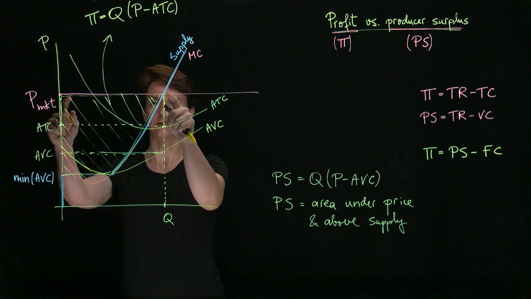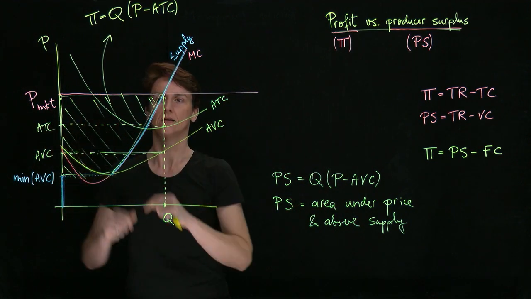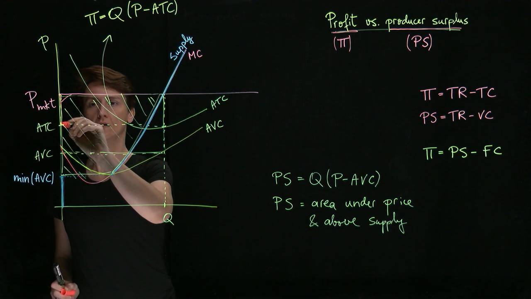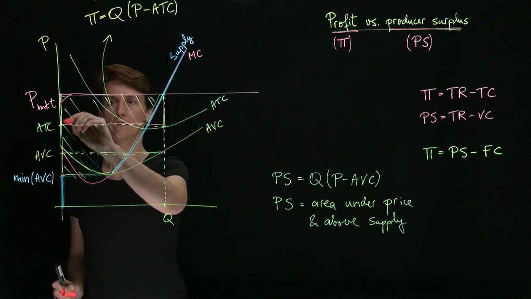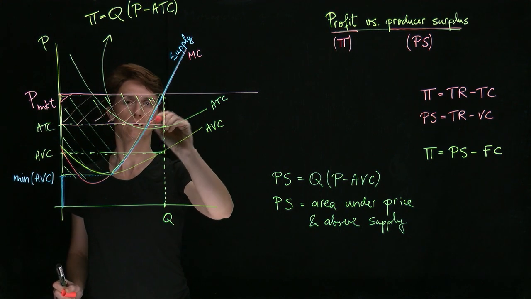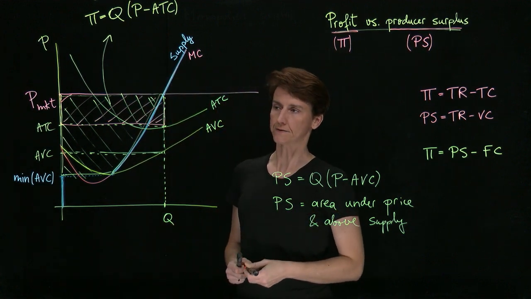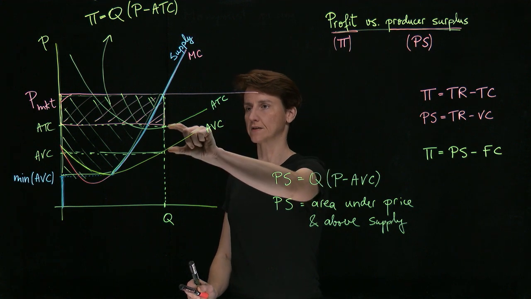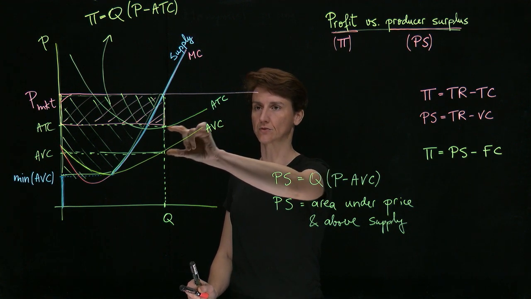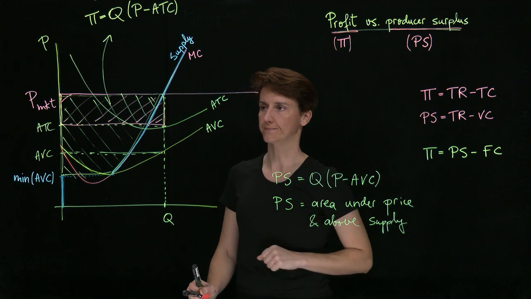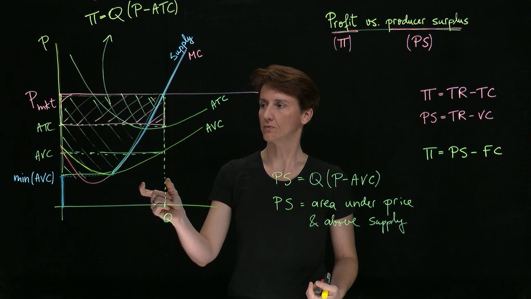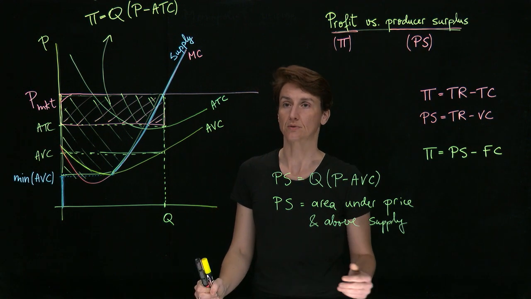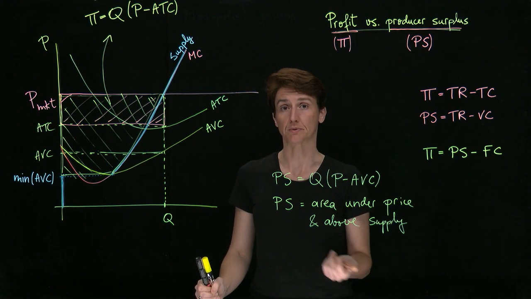Profit is this smaller rectangle. And the difference between them is the fixed cost. That's the average fixed cost, the vertical distance between average total and average variable cost, times Q. Note that if all we're given is the supply curve, that's not enough for us to determine profit. That's only enough for us to determine producer surplus.